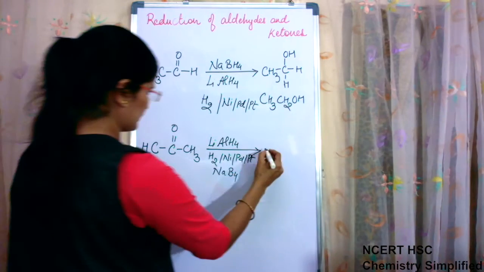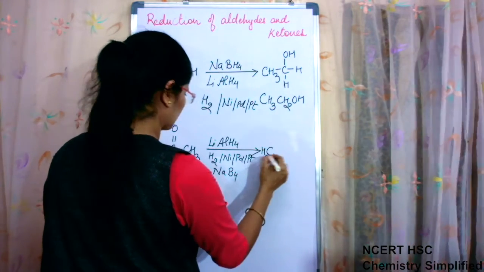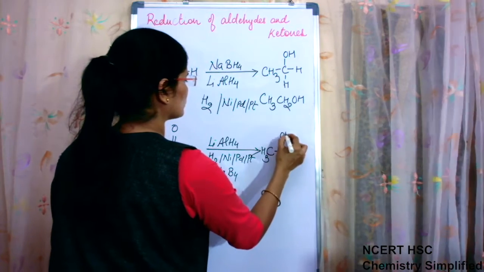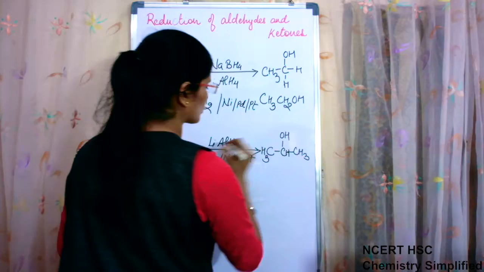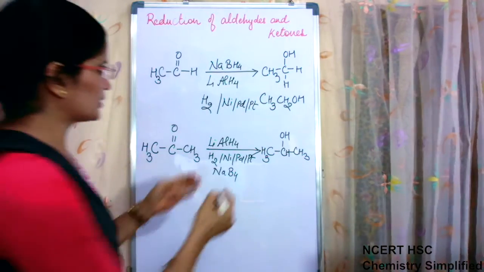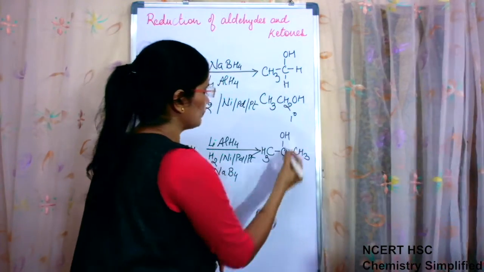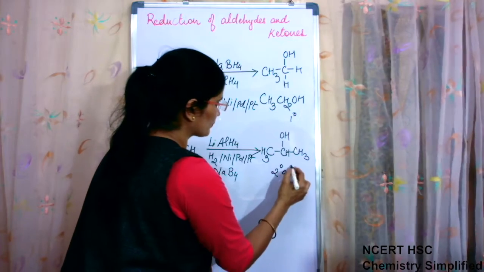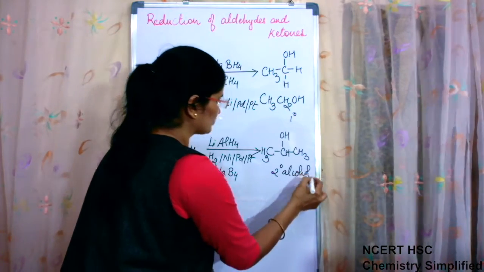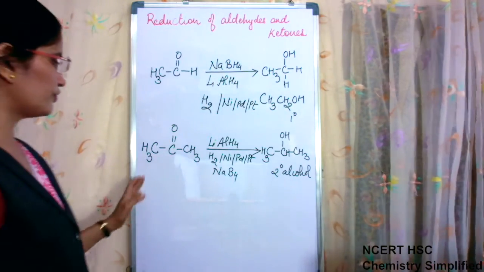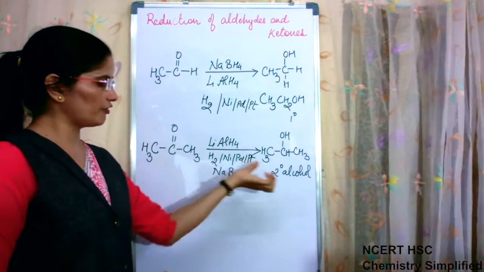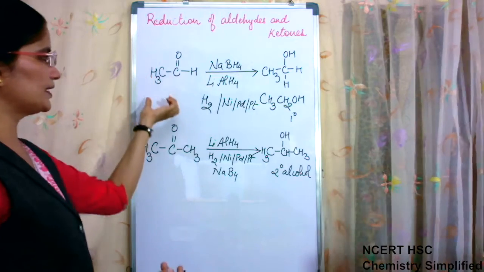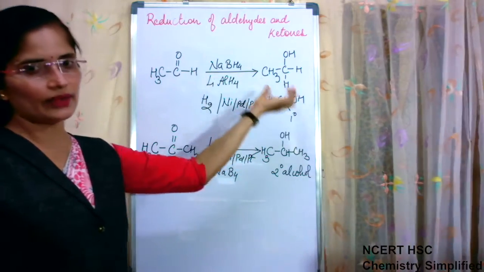Then it will result in the formation of 2 degree alcohol. This was 1 degree alcohol, and this is 2 degree alcohol. So when ketones are reduced, they form 2 degree alcohol. When aldehydes are reduced, they form 1 degree alcohol.